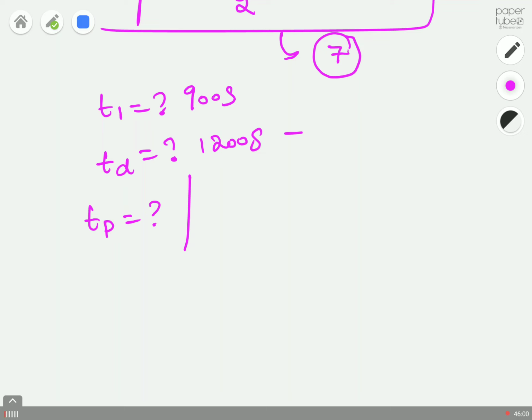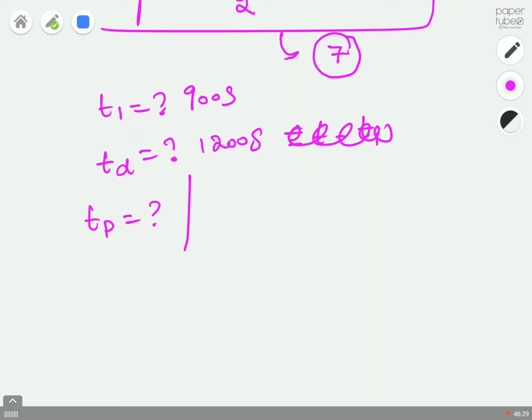Okay, let's get this one. TP is equal to, no, this is much easier to solve.